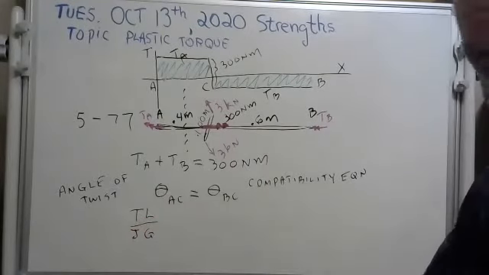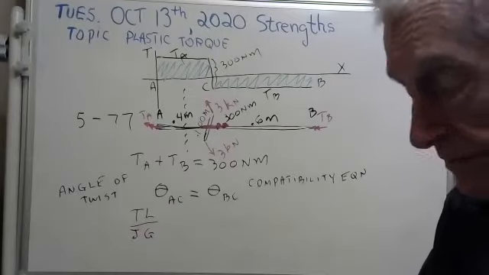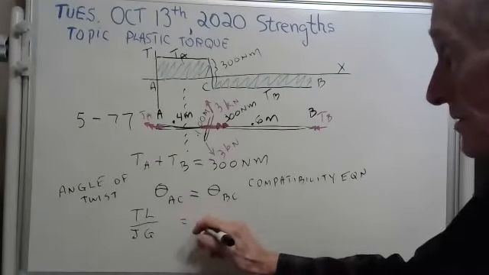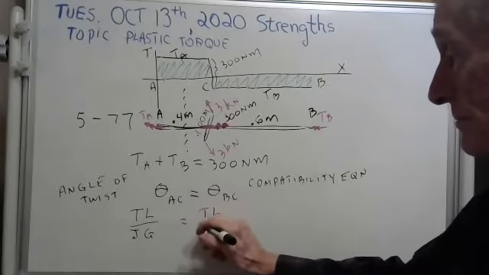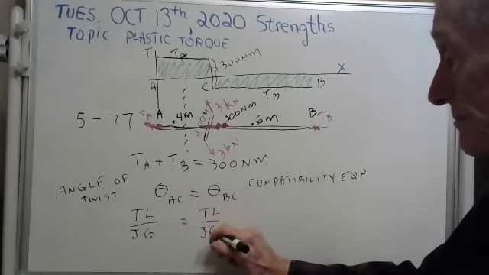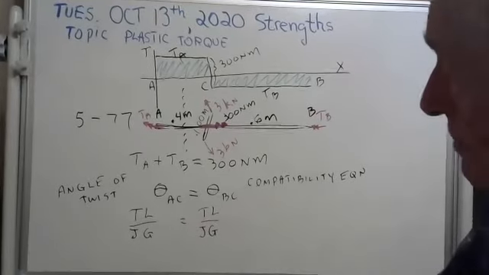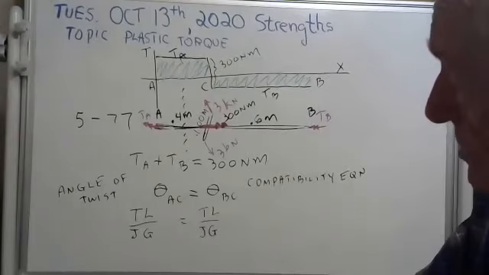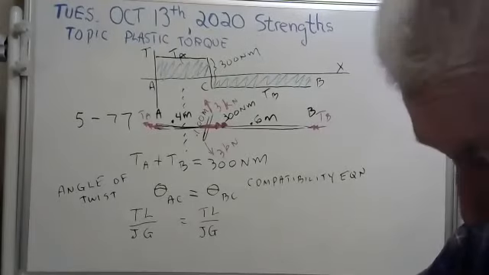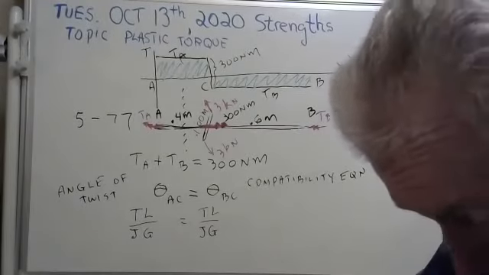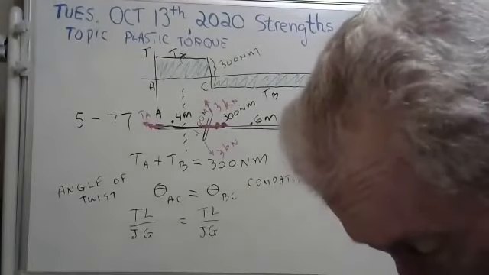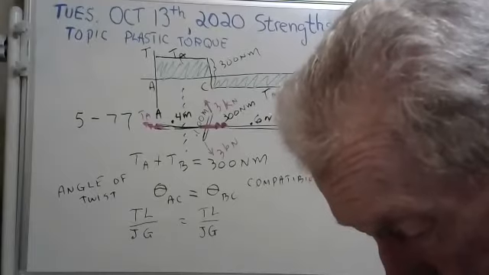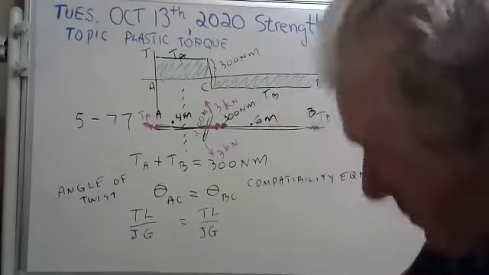That's it, TL over JG. Equals TL over JG. All right, and on this one here, I think the JGs are the same. Yeah, the JGs are the same. It happens that the G is 75 gigapascals. They give it to you.